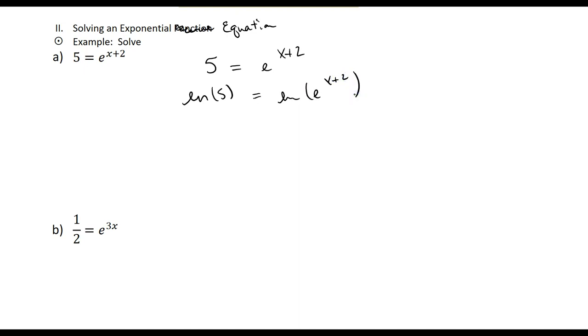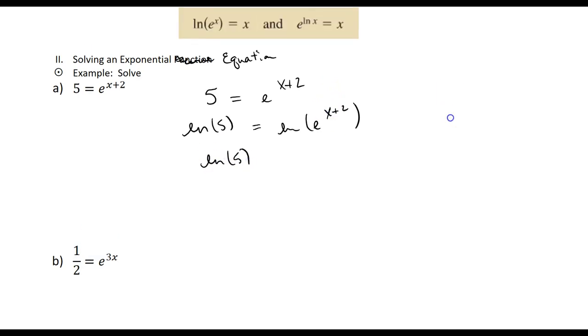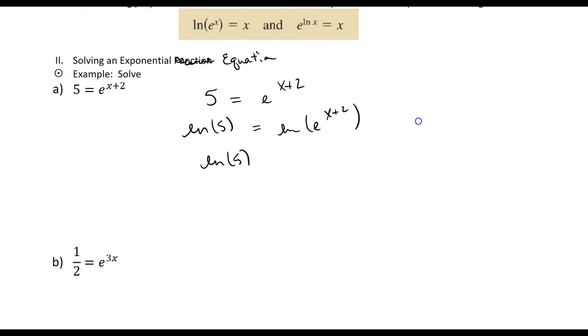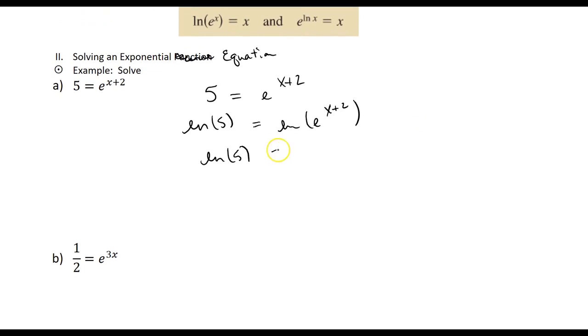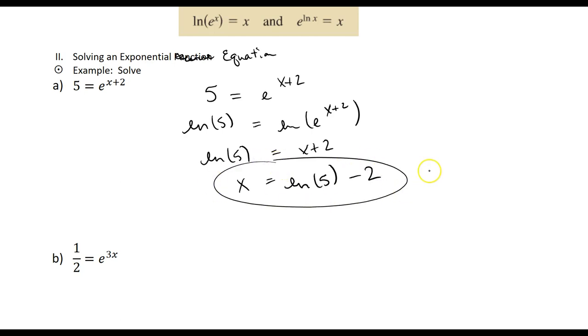Now this is handy because I know that the natural log of e raised to any power is just going to be the power. So this is going to end up being x plus 2. So I get that x is equal to the natural log of 5 minus 2. Now if you're asked for an exact answer, that's what you're looking for. It does have a value. It's about negative 0.391.